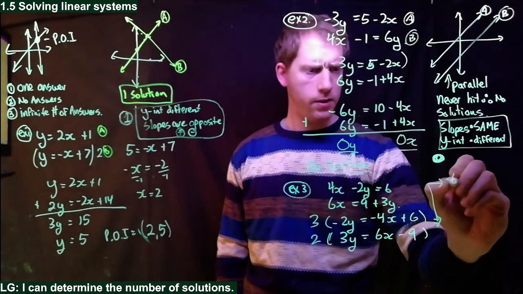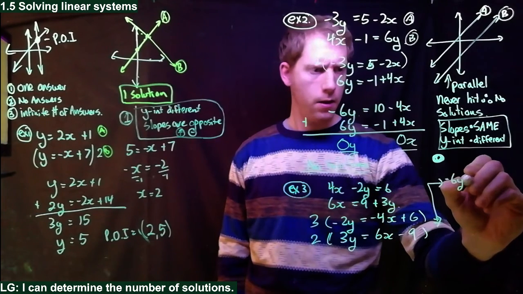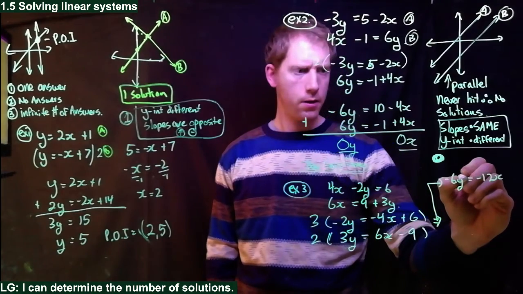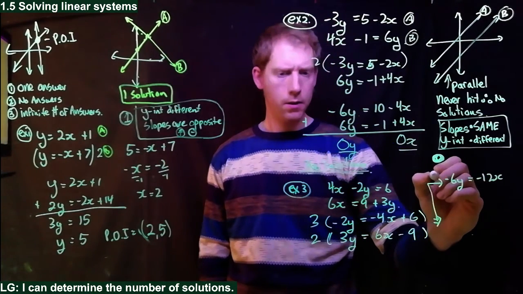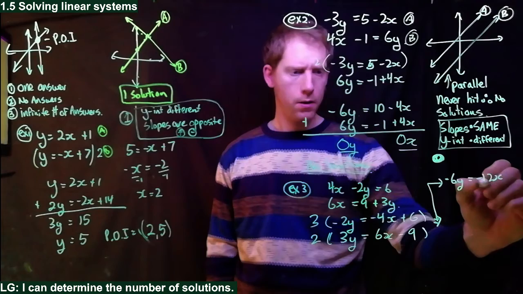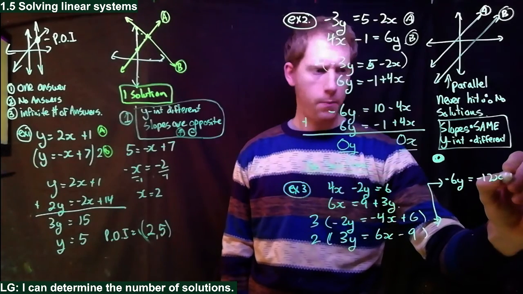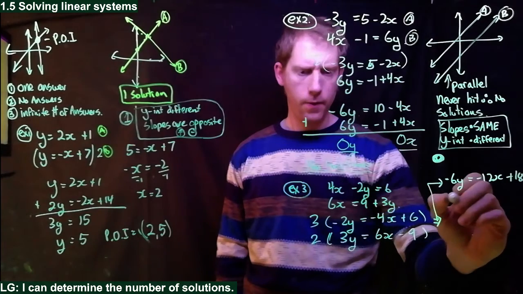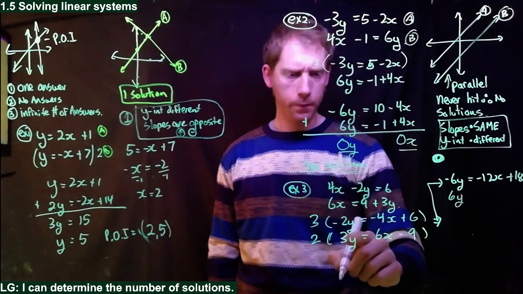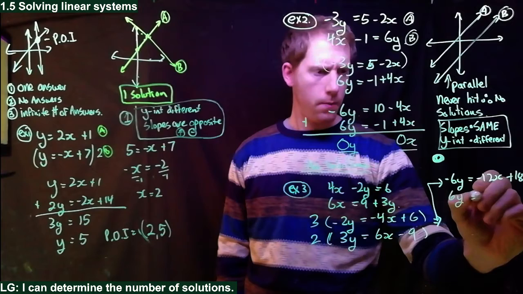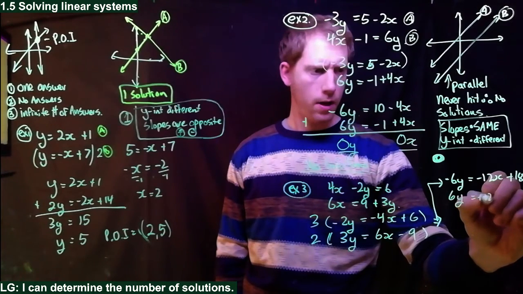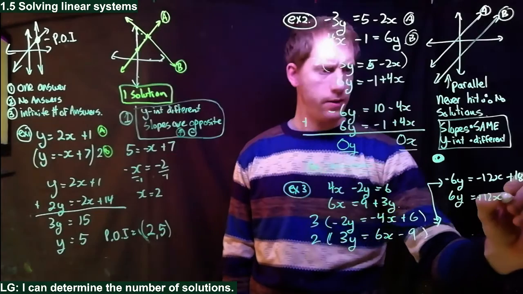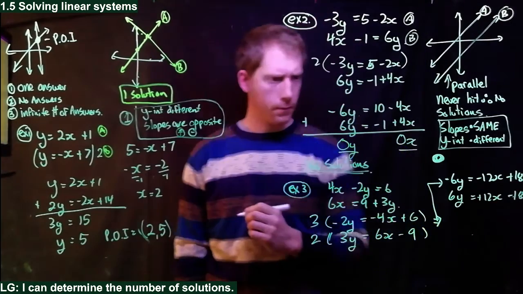We have negative 6y, negative 12x, and then plus 18. And then we have 6y plus 12x minus 18.